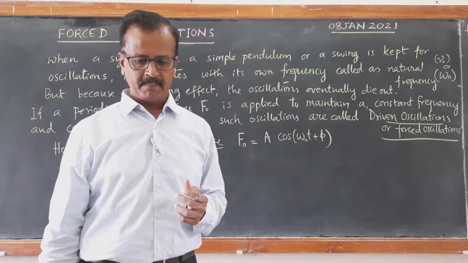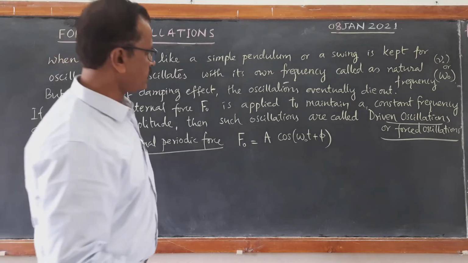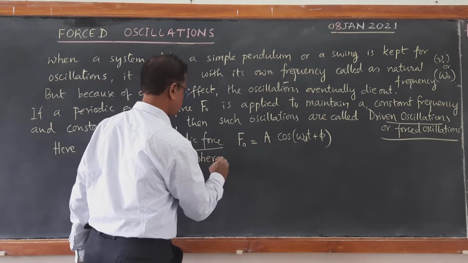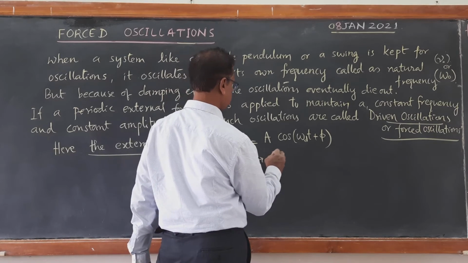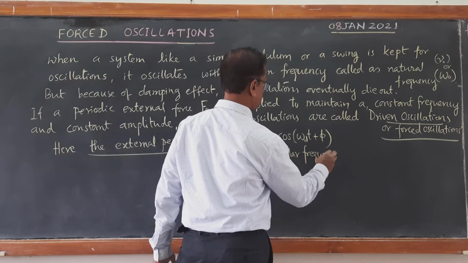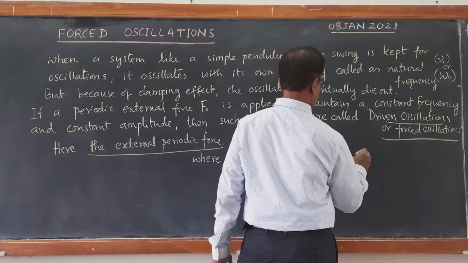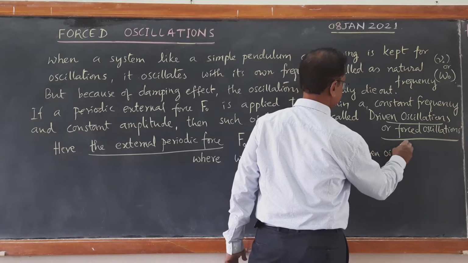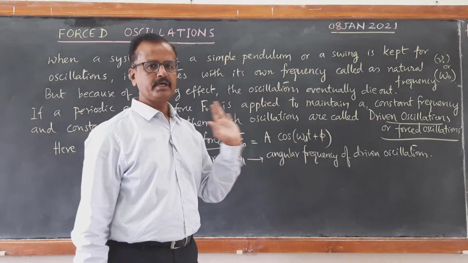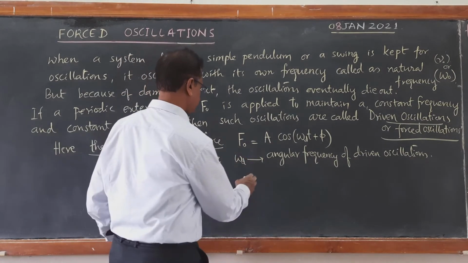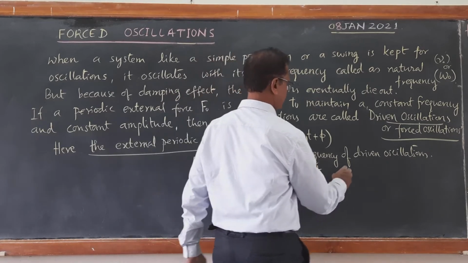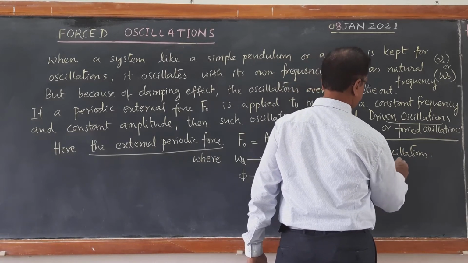We write this frequency as omega D, where omega D is the angular frequency of driven oscillations, the angular frequency of forced oscillations, or the angular frequency of the force which we are applying, and phi is the phase constant, and A is the amplitude which we want, a constant amplitude.